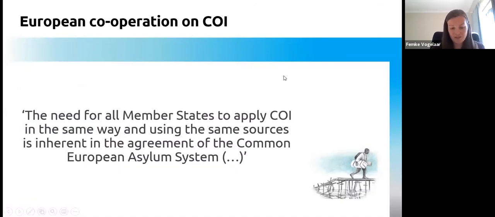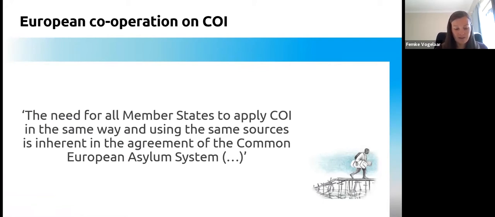And I'm going to go into the reasons why I think that the need for all EU member states to apply COI in the same way and using the same sources can currently not be met due to the chosen framework for cooperation on COI within the common European asylum system.